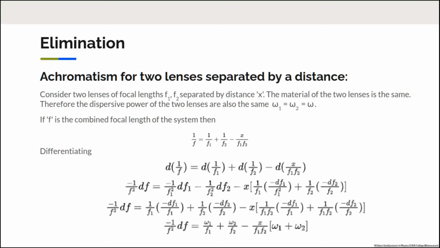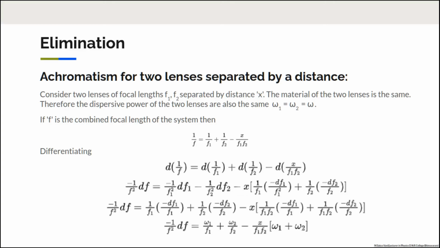Next, the second case for the elimination of chromatic aberration, that is achromatism for two lenses separated by a distance. In this case, we take two coaxial lenses of focal lengths f1 and f2, separated by some distance x. The materials of the two lenses are the same, therefore the dispersive powers of the two lenses are also the same.